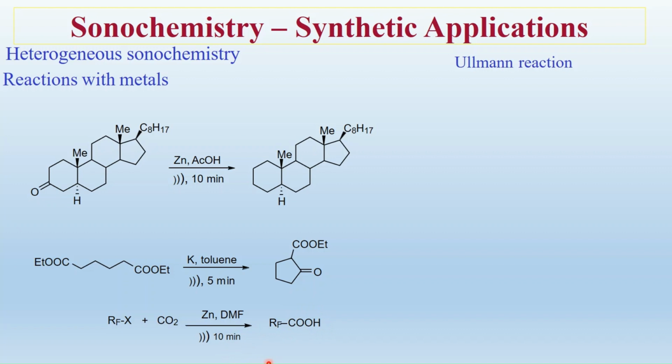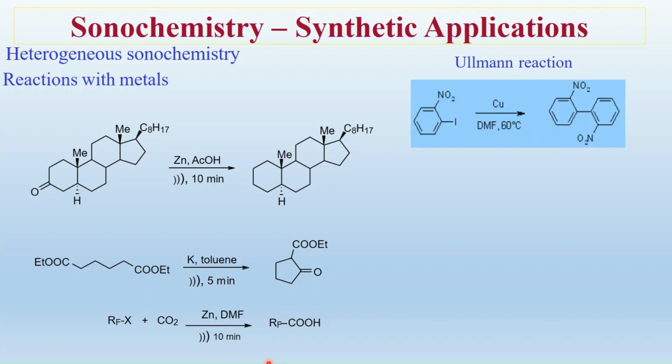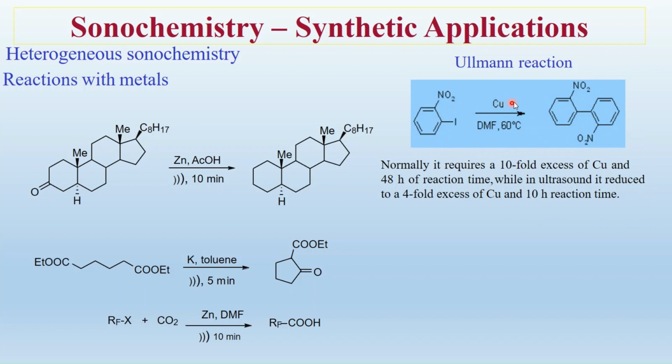The Ullmann reaction: 2 moles of 2-iodonitrobenzene reacted together in the presence of copper as the catalyst and DMF as the solvent at 60 degrees centigrade to give the corresponding biphenyl derivative. In conventional method, the copper was used 10 times excess.